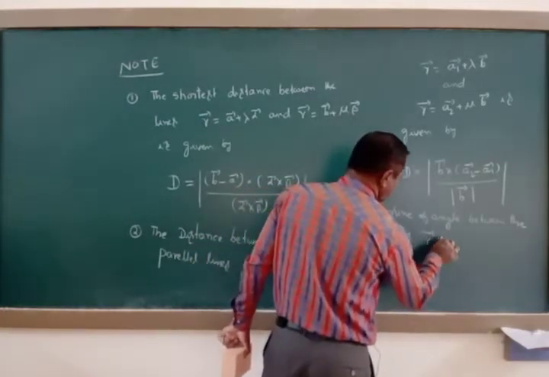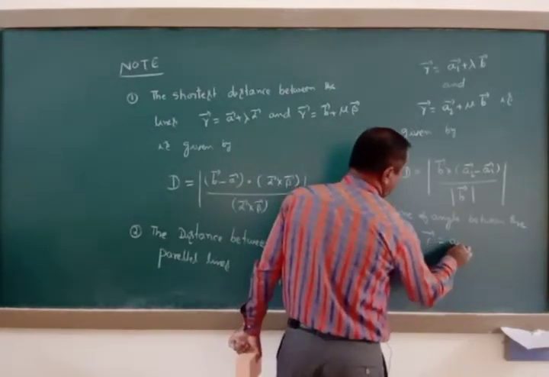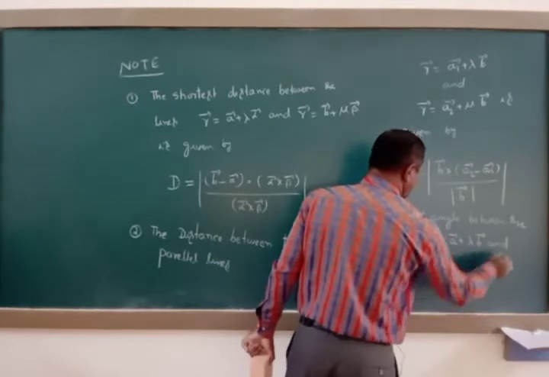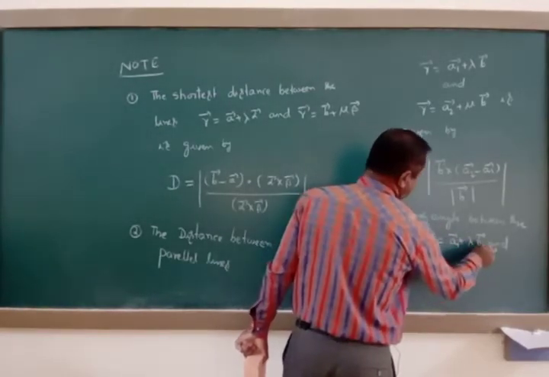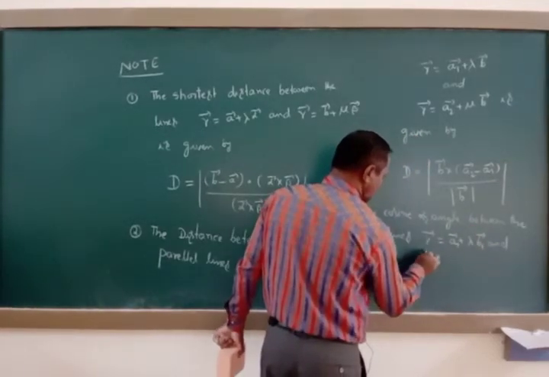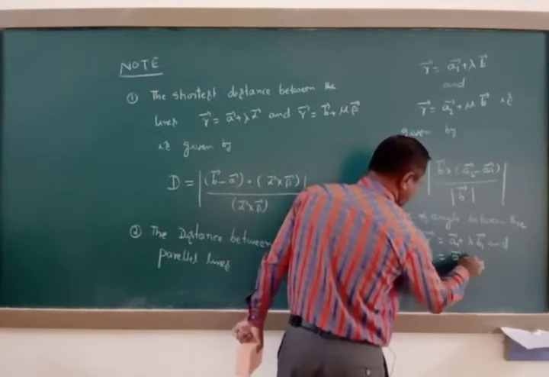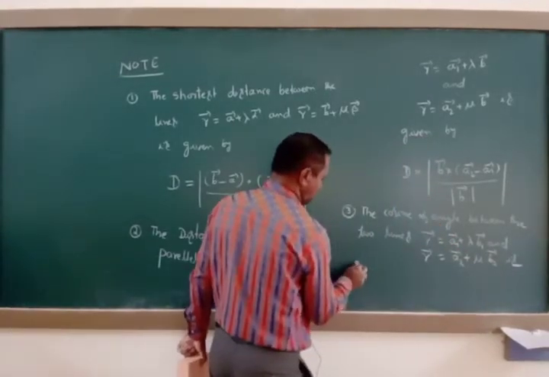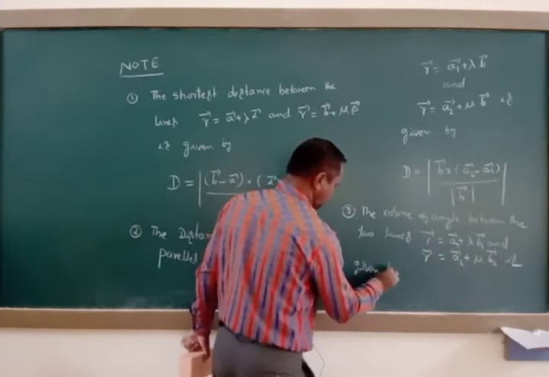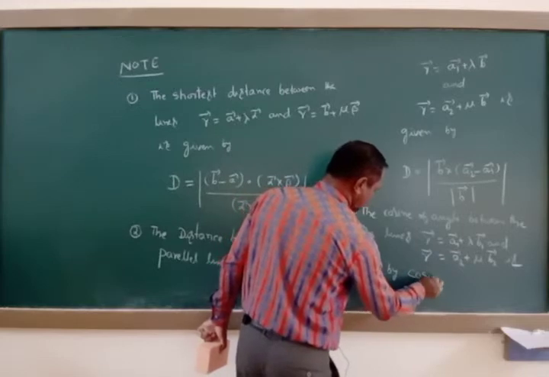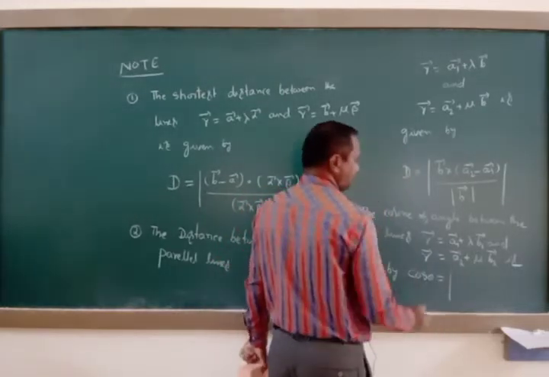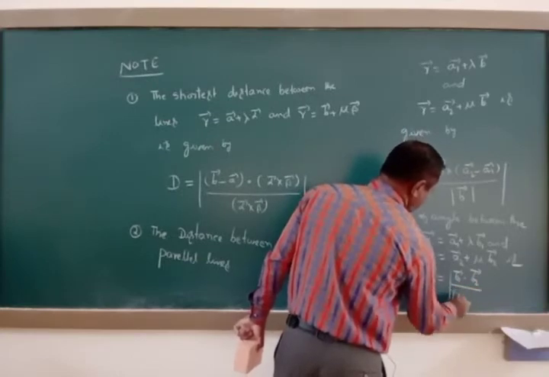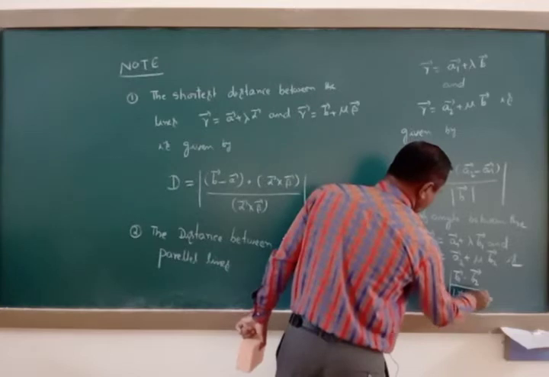R vector is equal to a vector plus lambda into b vector, otherwise we can take a1 vector plus lambda into b1 vector, and R vector is equal to a2 vector plus mu into b2 vector, is given by cos theta is equal to modulus of, because it is always an acute angle here, b1 vector dot b2 vector, whole dividing by magnitude of b1 vector into magnitude of b2 vector.